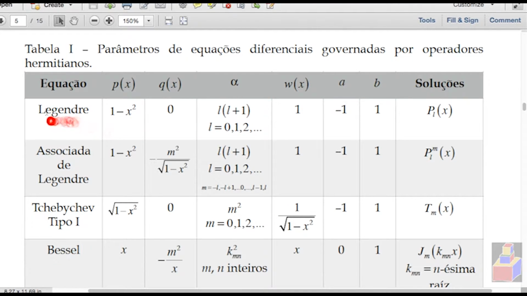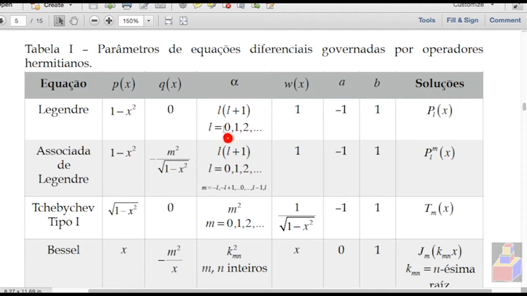The Legendre equation appears in solving for potential in a spherical system. It also appears in the Schrödinger equation, as part of its solution. So here are the functions that appear in the operator, in a self-adjoint operator, which is Hermitian: 1 minus x squared, 0.